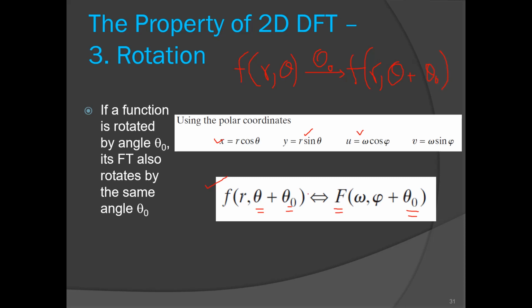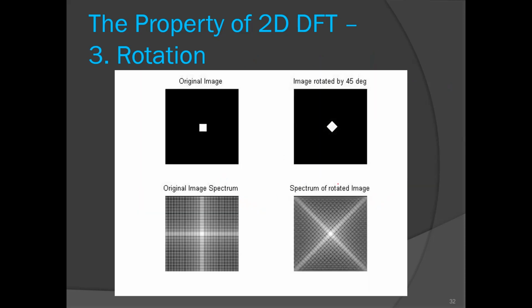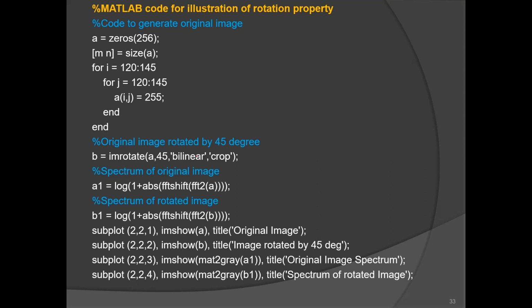Similarly, the Fourier transform also gets rotated by the same angle. That is the rotation property. An example is given here: the original image rotated by 45 degrees, the original spectrum, and the Fourier spectrum, and this is the actual code.